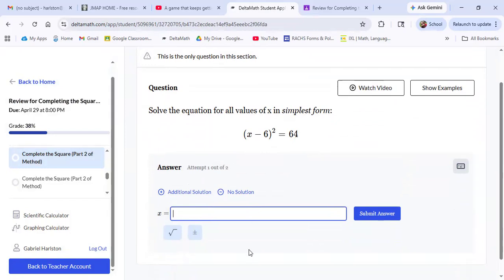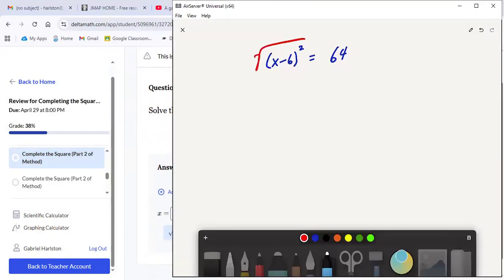Okay, so let's do that. The way to get rid of a square is to take the square root. So we're going to have x minus 6 on the left, and over here, the square root of 64. 64 is a perfect square, so this is going to be plus or minus 8. Last thing we need to do is add 6 to both sides.